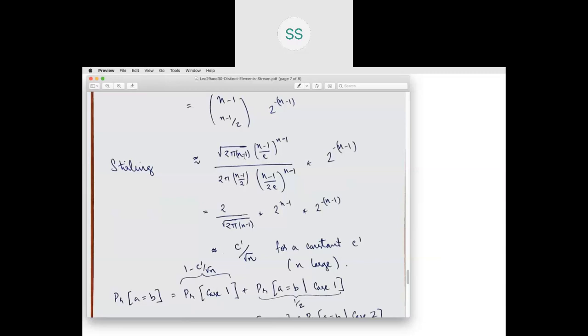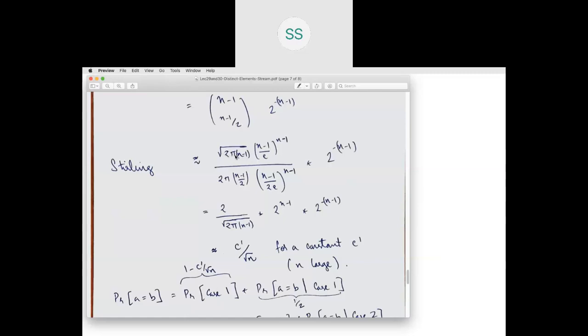That was because in all the previous binomial coefficients, the terms arising out of the factorials were distributed in such a way that there was a significant component in the numerator or denominator, rendering this square root 2 pi n factor very, very small and insignificant.